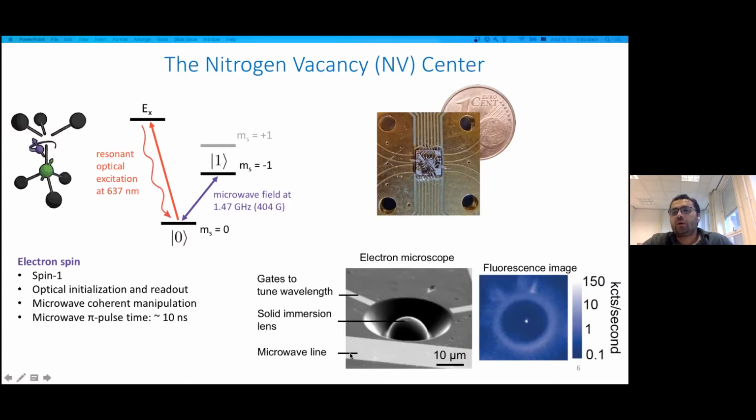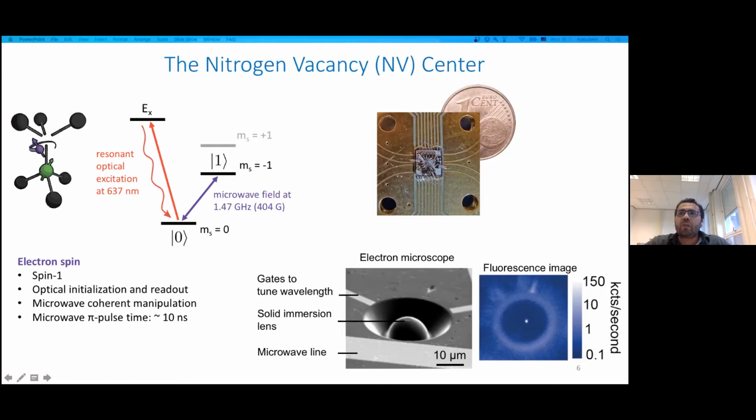We use on-chip microwave lines to send microwave pulses to manipulate the electron spin. This is a fluorescence image of the NV center right in the middle of this. This is a typical NV center that we use for our work.